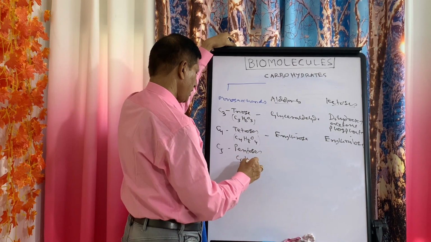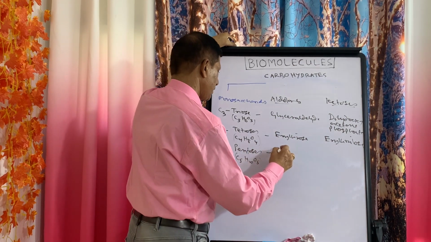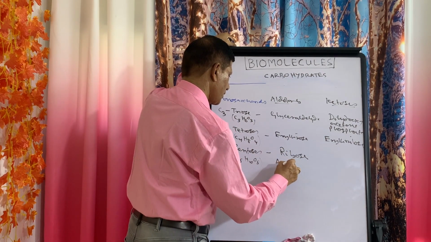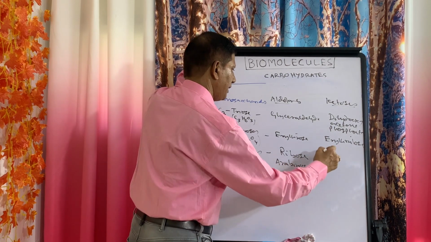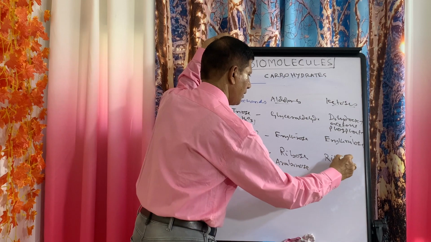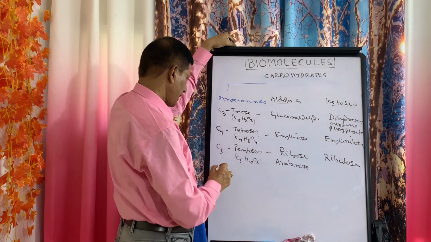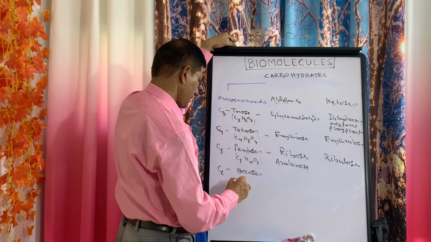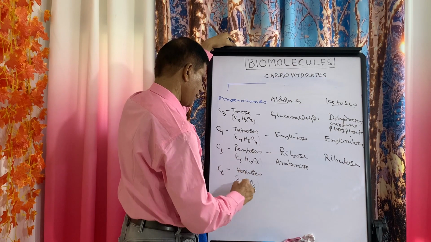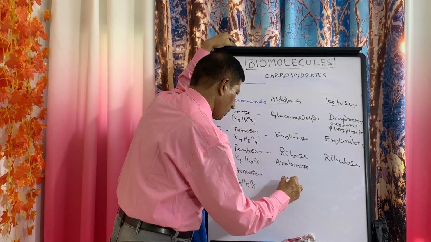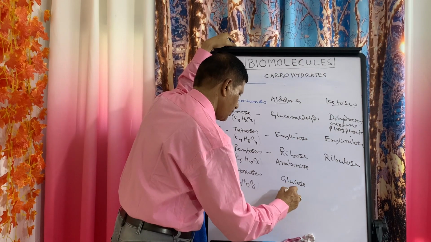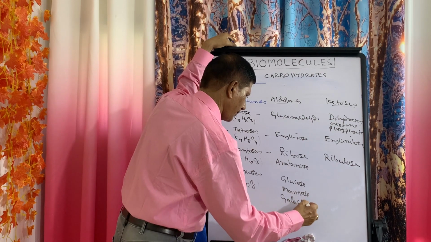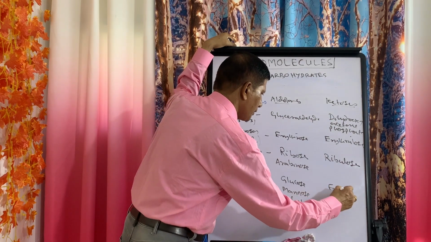Pentoses C5H10O5. The aldoses will be ribose, arabinose, while here it will be ribulose. Then come to the hexose sugars. These are hexoses, C6H12O6, and here it will be glucose, mannose, galactose, and here you can write fructose.